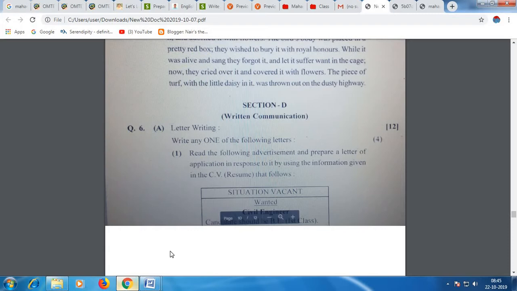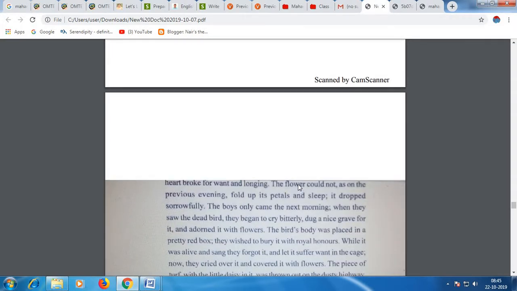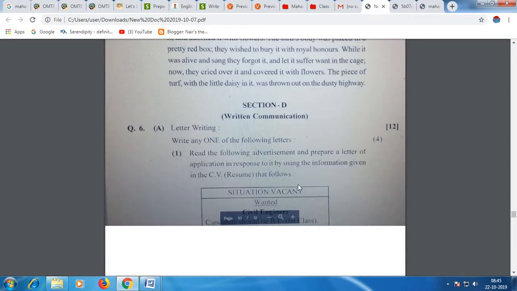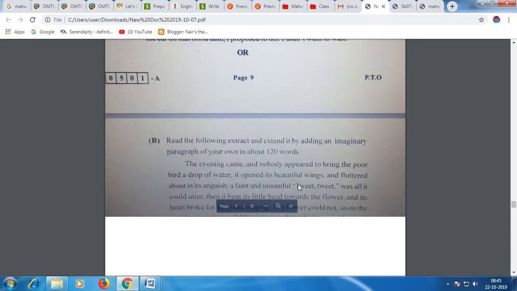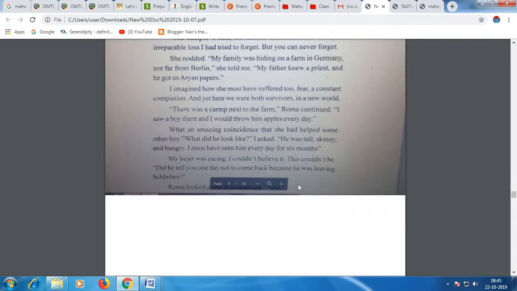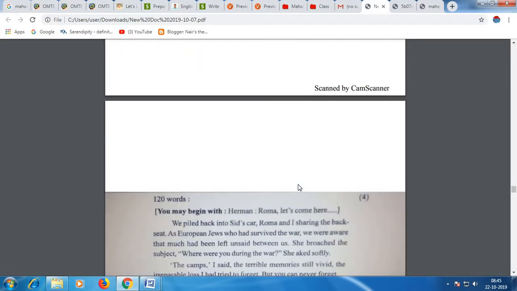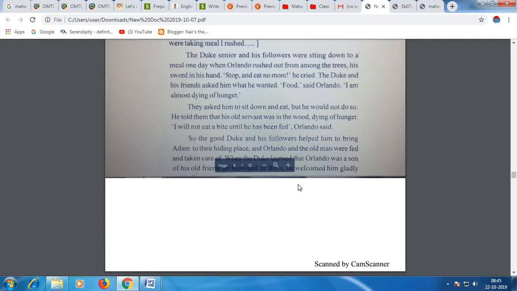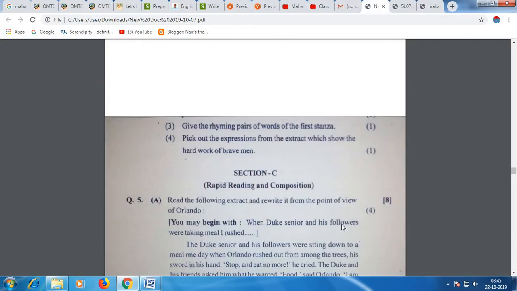And the number of marks we can also see here, that in this section it's 4 marks, as you can see, either in dialogue form or from the point of view of a character.